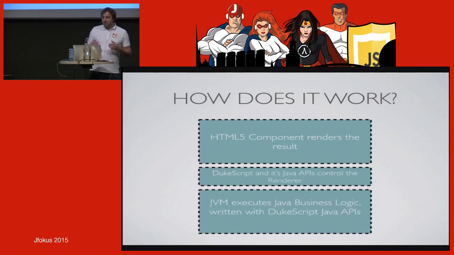So, for example, this is how it works. The JVM executes the Java business logic that is written with our Java APIs. And the HTML5 component renders basically an HTML page that is somehow bound due to the Dukescript APIs to this model, to the business model that is running in Java. Okay?